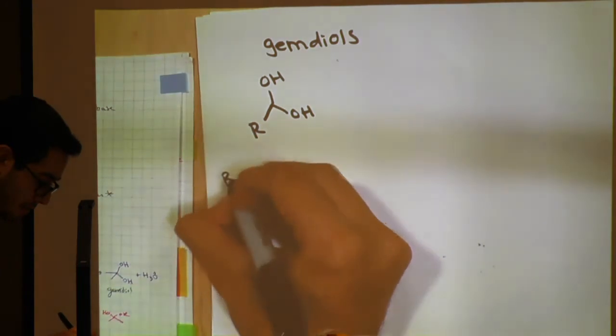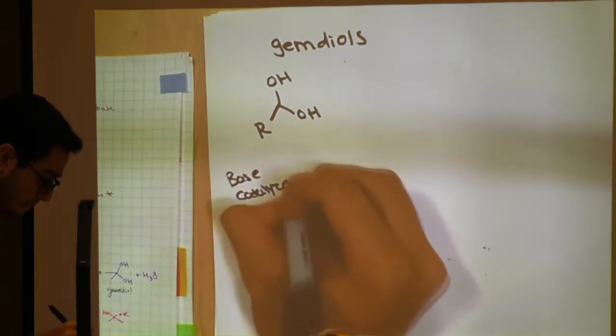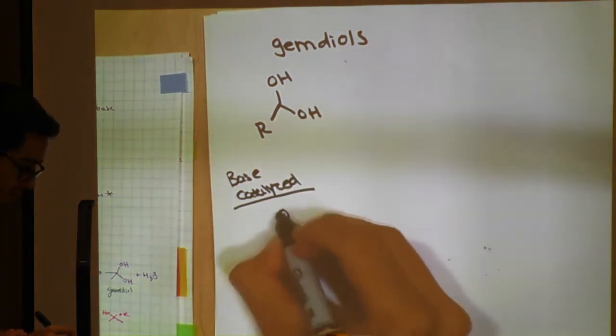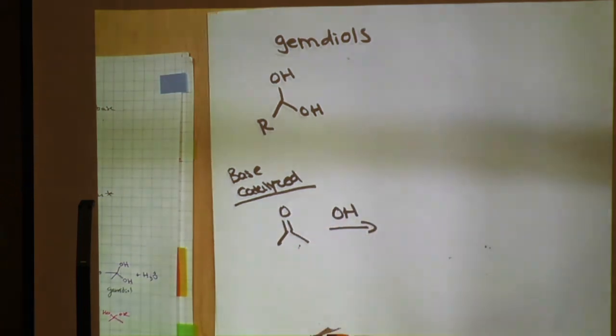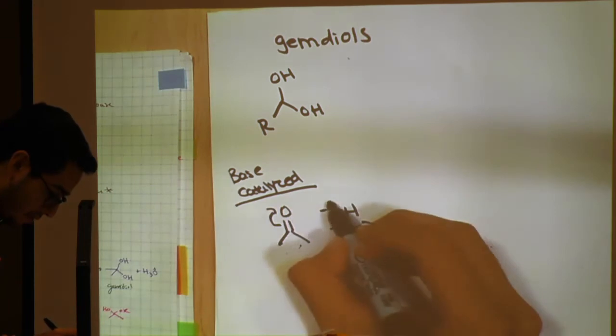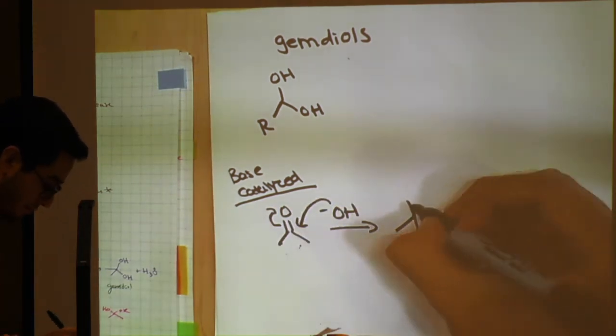We have base catalyzed, where we take a carbonyl group and we treat it with hydroxide. Again, these are water treatment mechanisms where we're treating something with water in the presence of a base or an acid. So we're going to take this hydroxide. This is negative, so we're going to move that up and attach that, just like we have for the 30th time today.